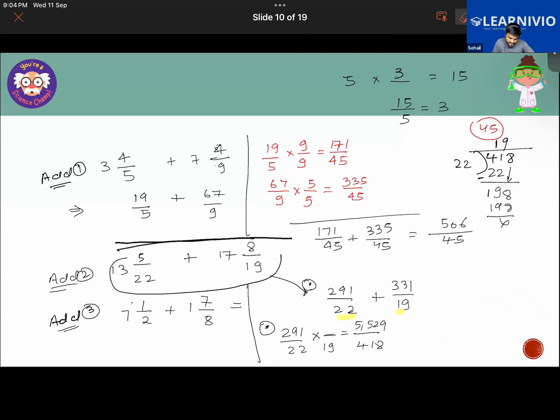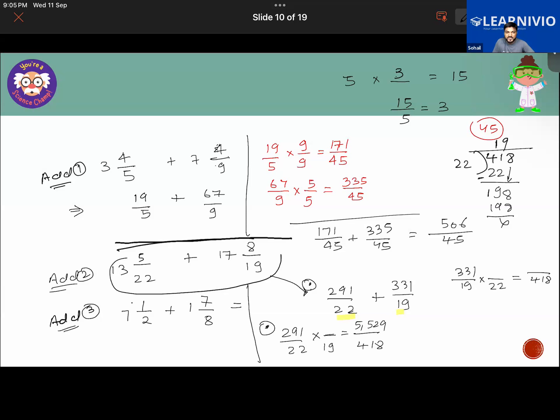Now talking about 331 upon 19. With what number should I multiply it to get 418? So this one will be multiplied with 22.